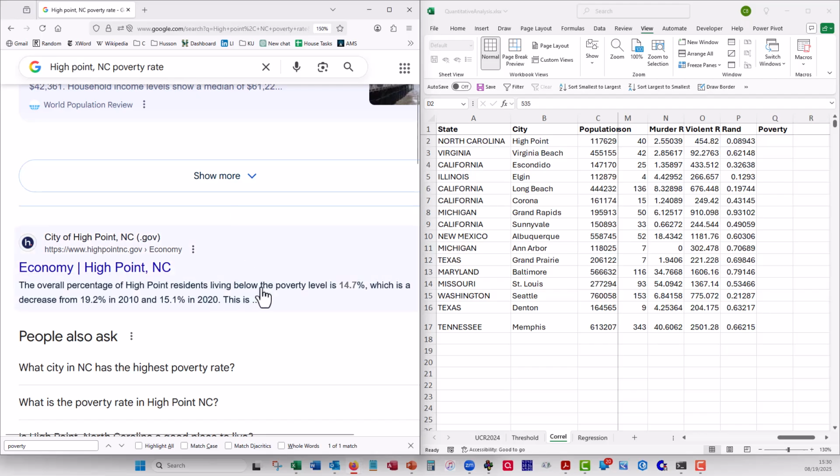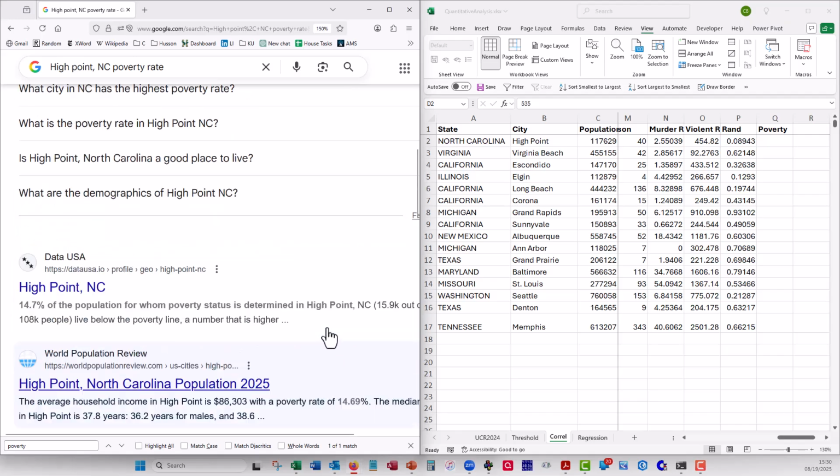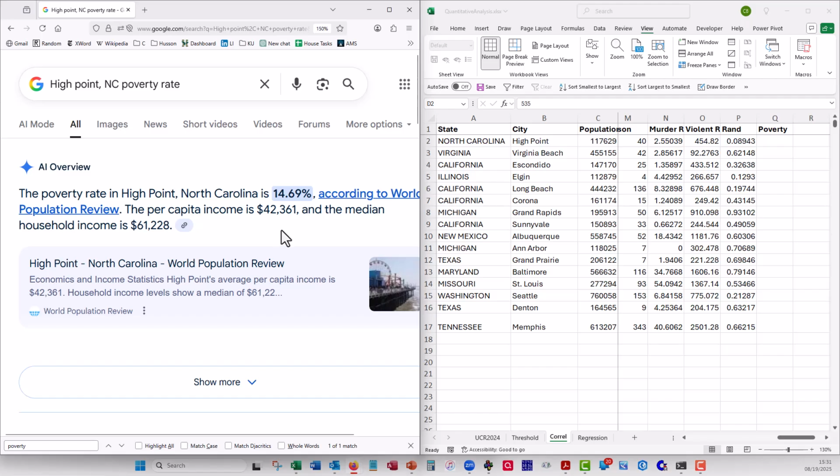Okay, and here's a similar statistic from the first result, 14.69. So these all seem to agree. So maybe Googling is a better way to do it, and just keep replacing the city.